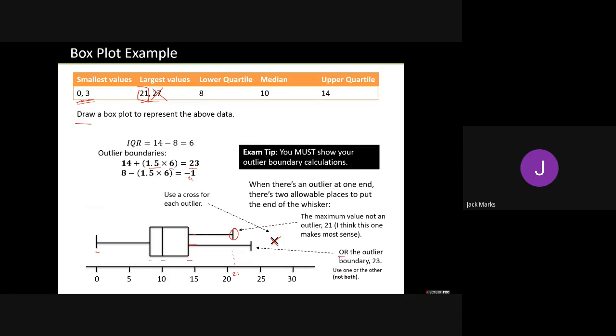Or, and "or" is important here, you can't do both, you might opt to, if you're asked to do so, draw the new maximum going up to 23, because this is the boundary above which a value is considered an outlier. So basic skills being tested here: first of all, drawing the box plot, but also how to handle redrawing it after an outlier.